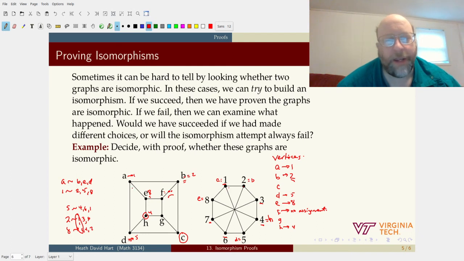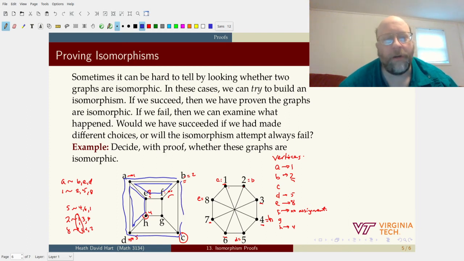The graph over here has a lot of cycles of length 4. This was 4 elements in a row, and this is 4 elements in a row, and then the whole thing was 4 elements in a row. And so vertex A is a part of 3 different quadrilaterals.